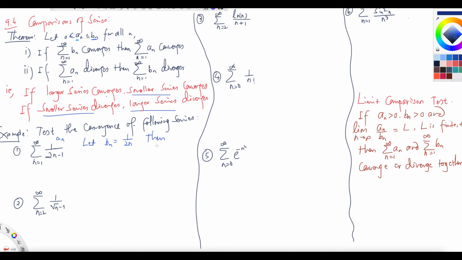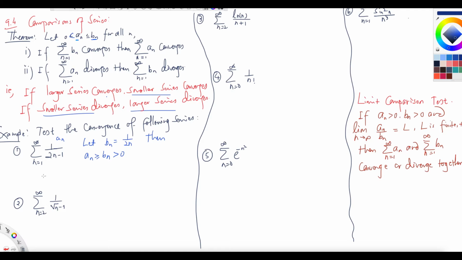So a_n is bigger than or equal to b_n. Also, all the a_n's and b_n's are positive. Now, which one is the bigger series? a_n is the bigger series, and b_n is the smaller series. Does b_n converge or diverge?